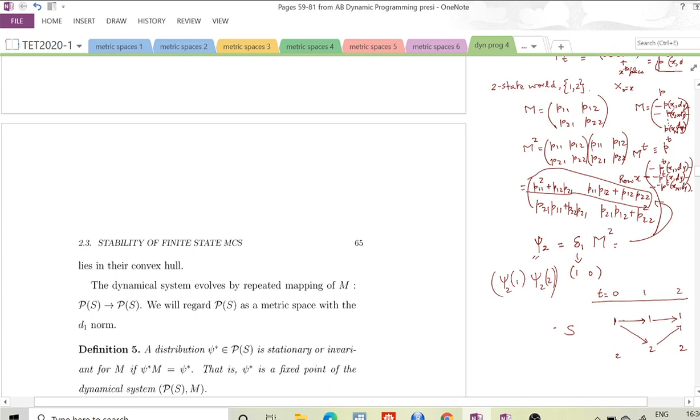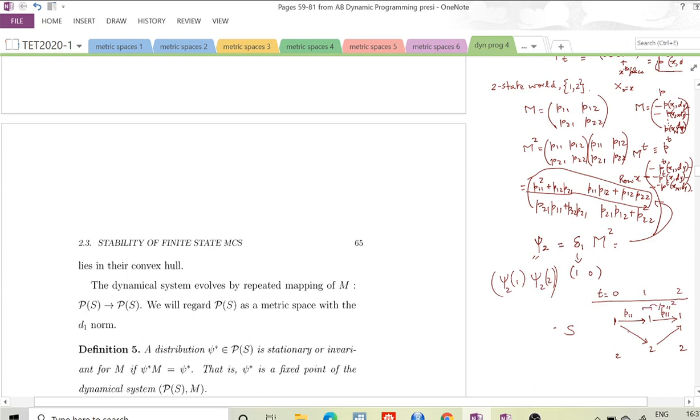For the path of going from here to here and then to here, I just have to multiply the transition probabilities P11 with P11. So that's just P11 squared.